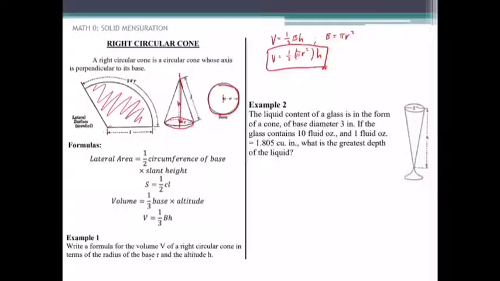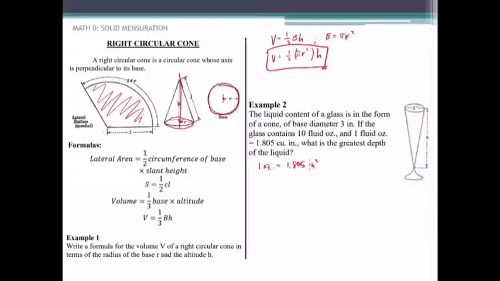Example number 2. The liquid content of a glass is in the form of a cone of base diameter 3 inches. If the glass contains 10 fluid ounce and 1 fluid ounce equals 1.805 cubic inches, what is the greatest depth of the liquid? So we are given the conversion factor for the volume. 1 ounce is 1.805 cubic inch.